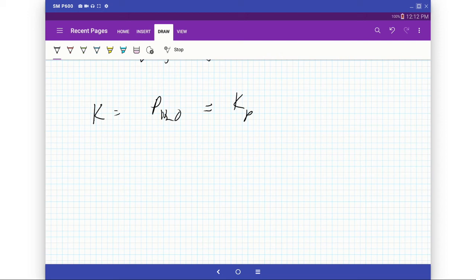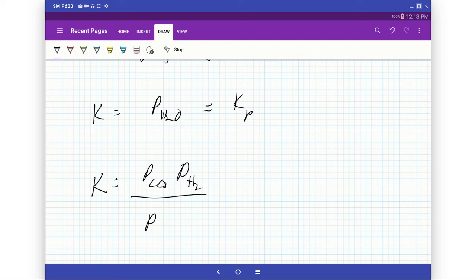Anyone else for the last one? Someone who's answered already, want to give me the last one, please? Okay, so I put the pressure of hydrogen times the pressure of carbon monoxide over the pressure of carbon times the pressure of water equals Kp.